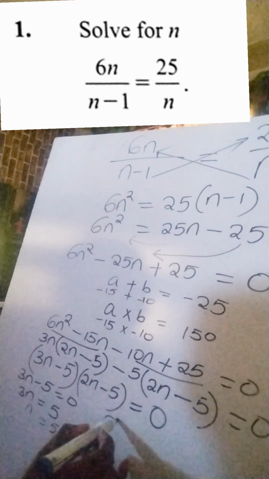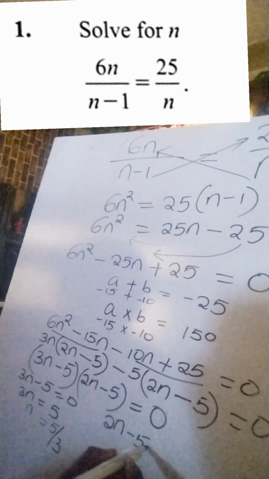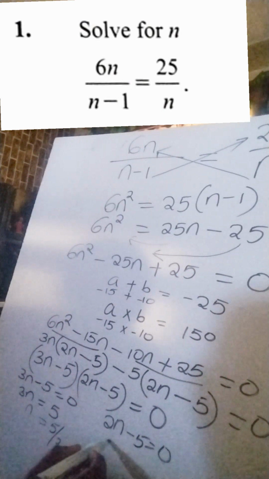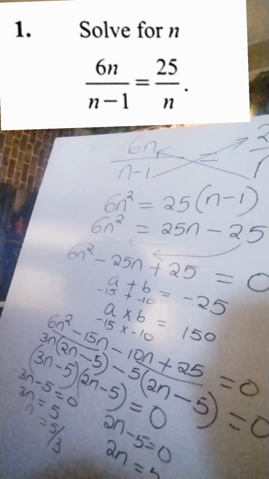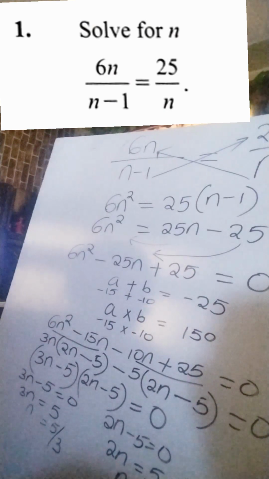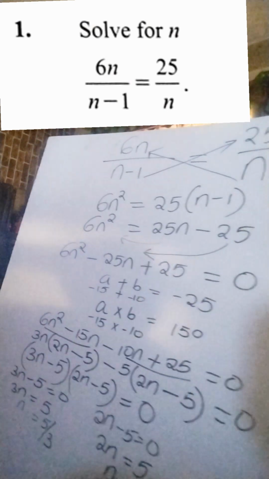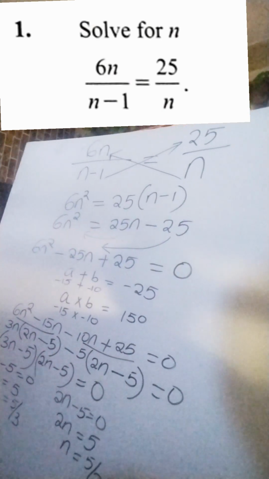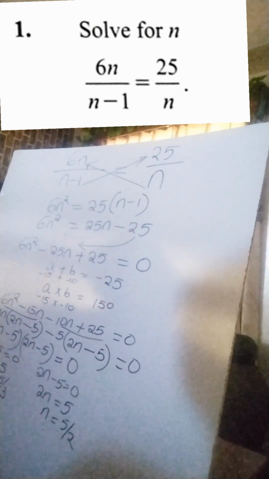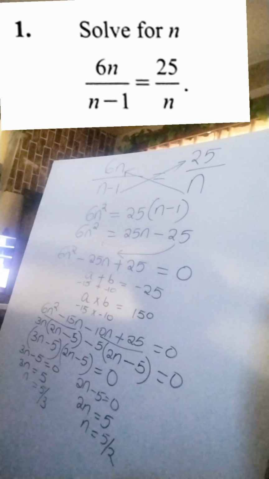Then 2n minus 5 equals 0. 2n is equal to 5, n is equal to 5 over 2. And that is how you solve that quadratic equation, and then you're able to arrive at the answer.